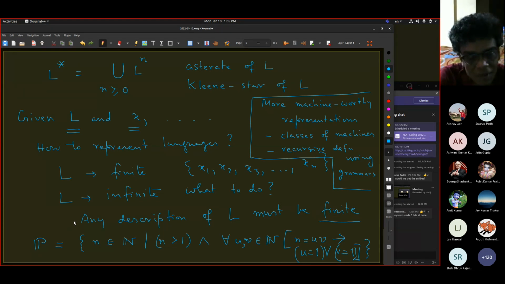So let us take this holistic notion that these are the positive whole numbers, 1, 2, 3. There is a description of all these things, but that is too much of mathematics.